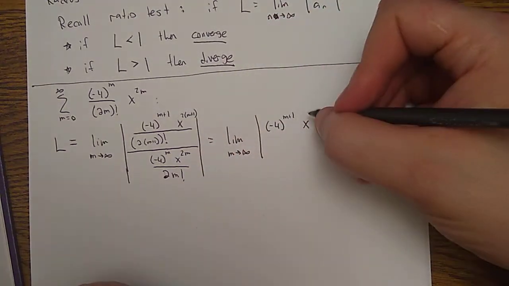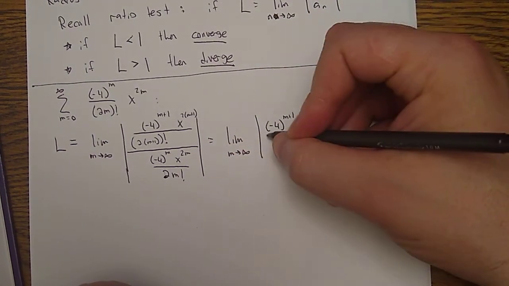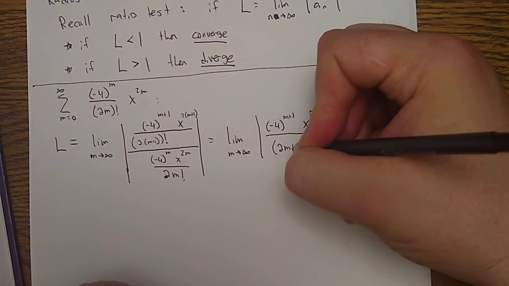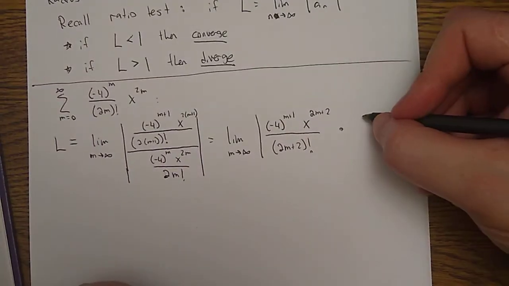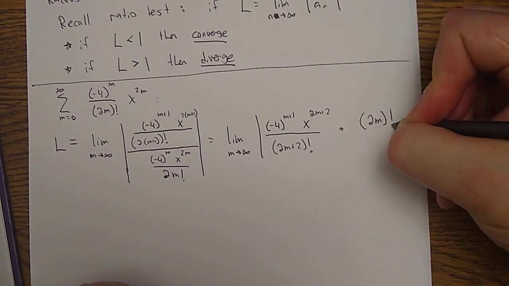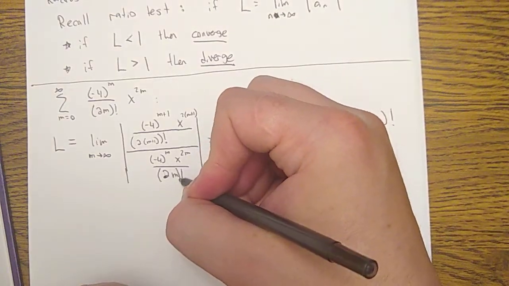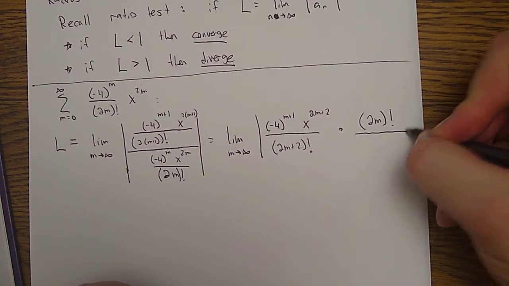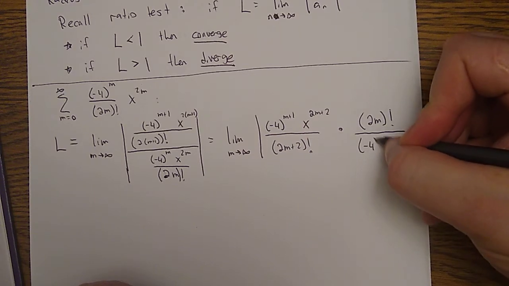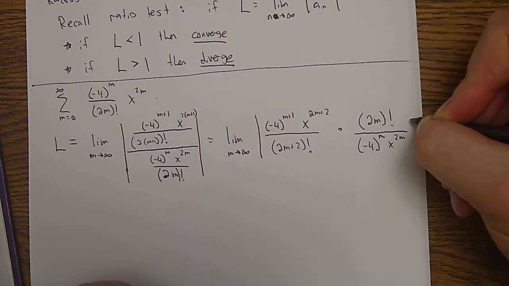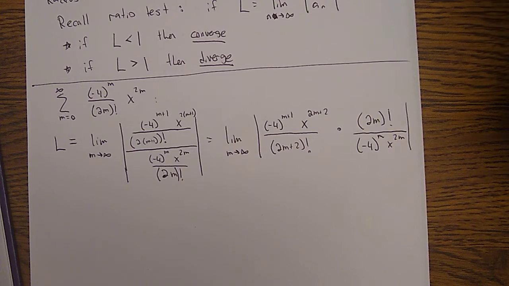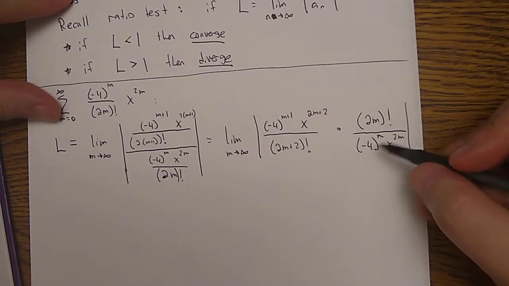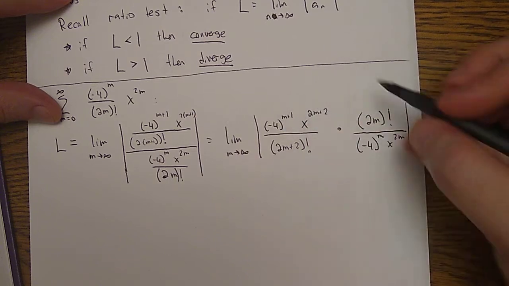And let me simplify this as I go. x to the 2m plus 2 over 2m plus 2 factorial times, and then I'm flipping this one over, 2m factorial. This should have been in parentheses. Negative 4 to the m, x to the 2m. Right? Okay, now what? Now something cancels. I've got a negative 4 to the m and a negative 4 to the m plus 1.